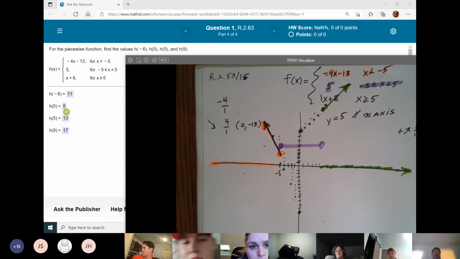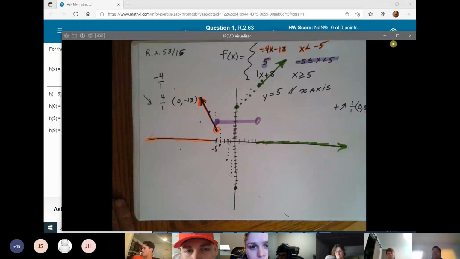This is 0, and it goes in this one. And then this is greater than or equal to 5. Both of these are 5 and 9, so it goes in that one right there. And that is a test question, so beware.